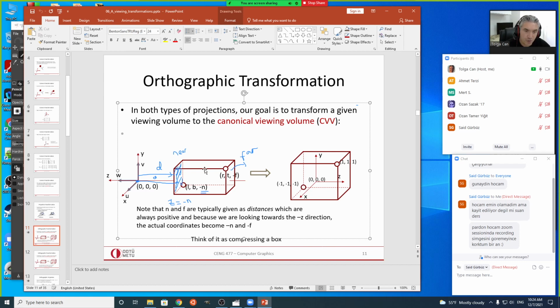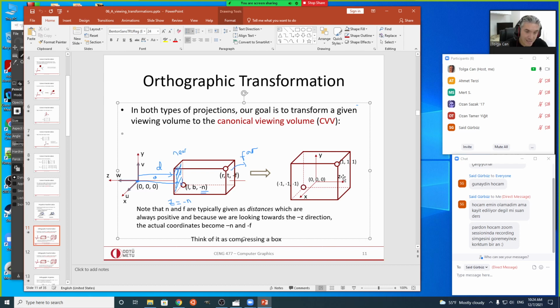Our projection is also going to take care of the normalization step, such that this rectangular prism here is going to be turned into this cube, in which all the coordinates are between -1 and 1 now.